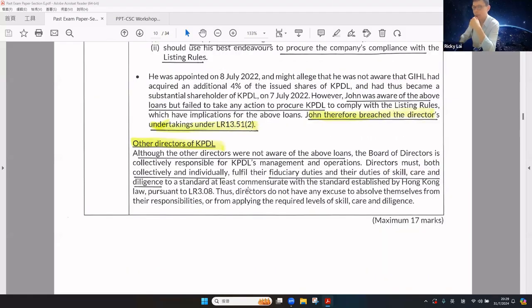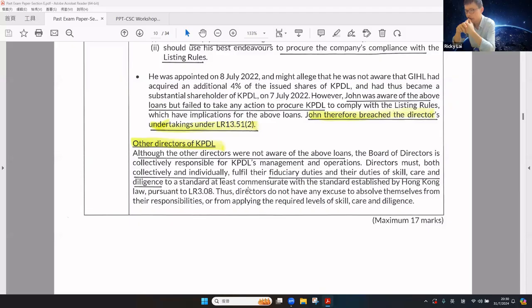How about other directors, not only John? Remember, the listing rule director liability covers individual and collective liability, so the full board may also be responsible for any breach of the listing rule. Although the other directors were not aware of the above loan, the board of directors is collectively responsible for the listed company's management and operation.